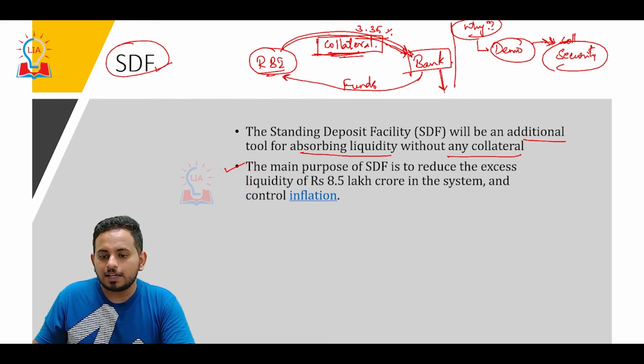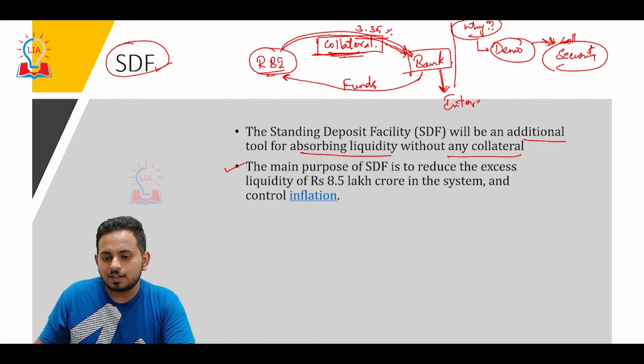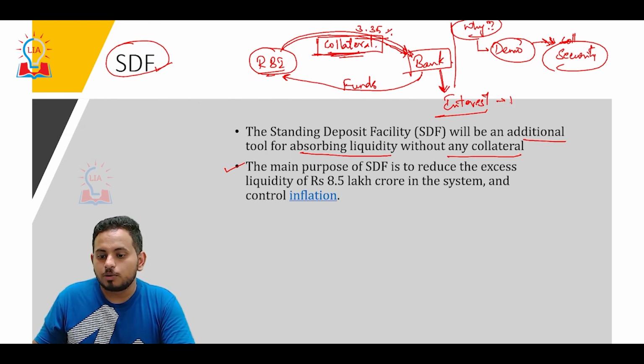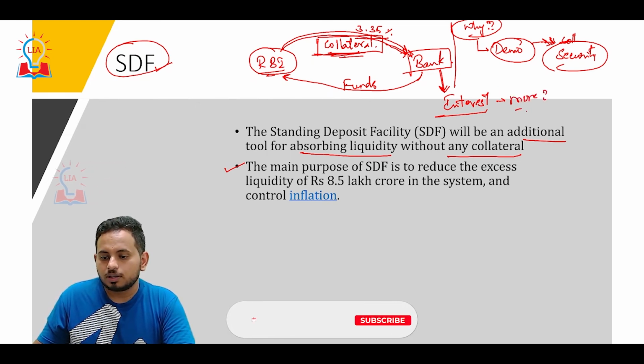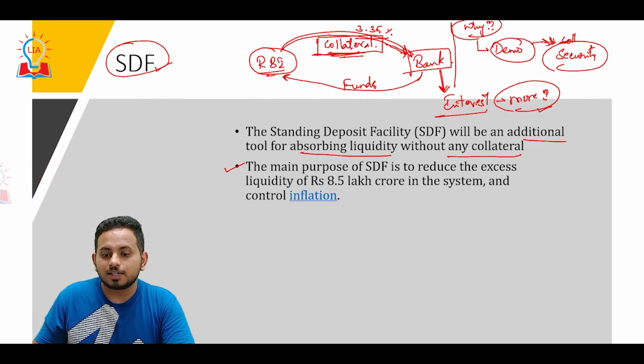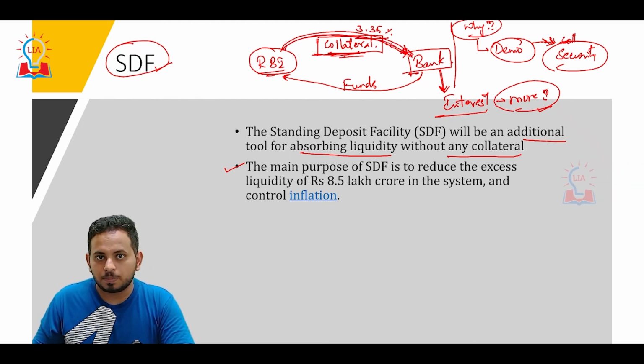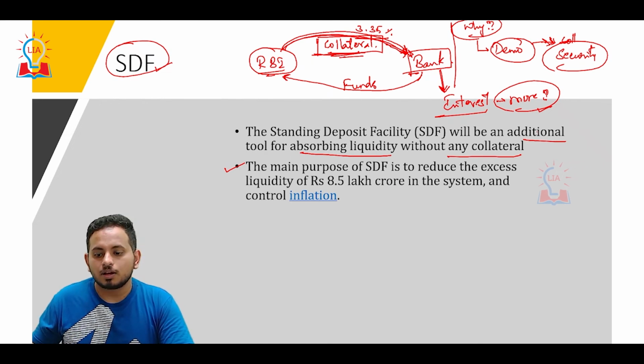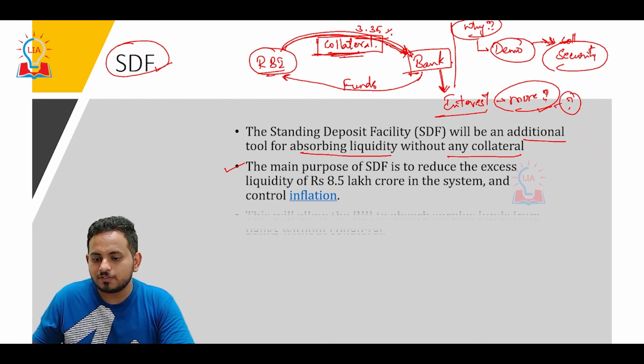In order to cater to this risk, the interest rate while carrying out the SDF would be more. This makes sense. The interest rate should be more because of the risk that the bank is taking by not having a collateral or a guarantee of the RBI. So what is the SDF interest rate?